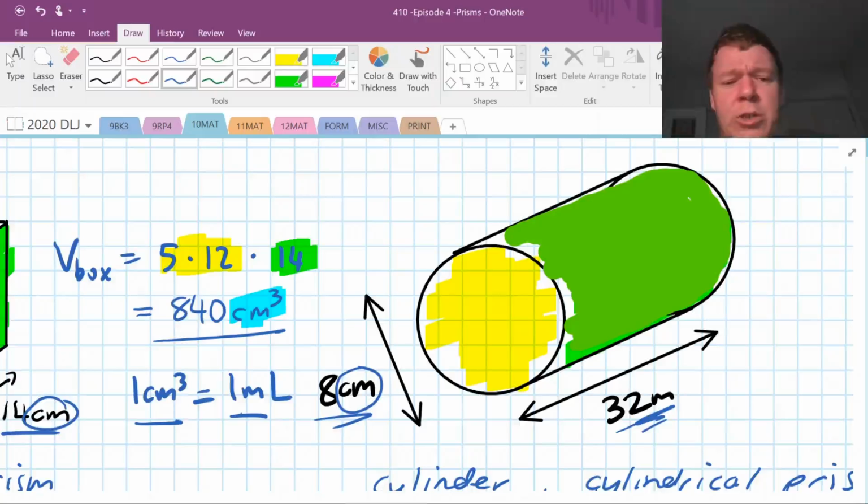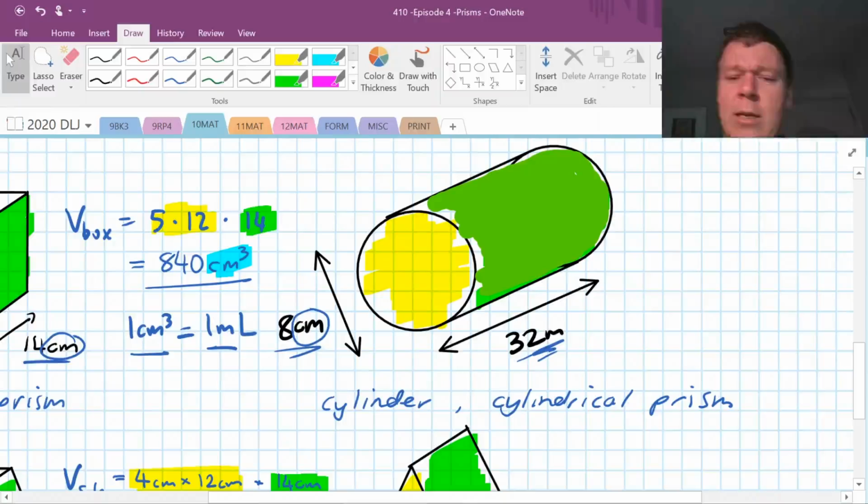You can do this with a juice box. If you measure a juice box, it should come out to 1,000 centimeters cubed or close enough. That's something you can do at home. Might set that for homework. All right, anyway, let's do this.